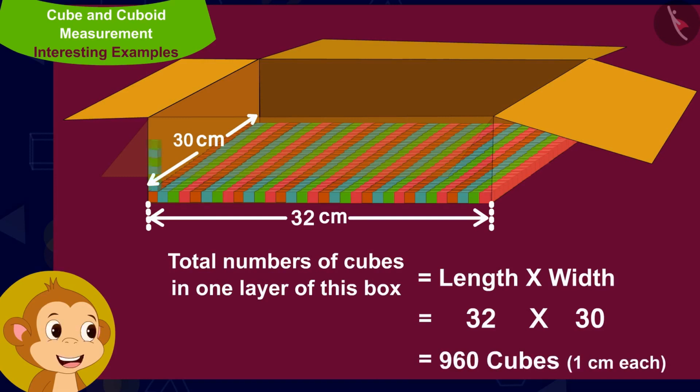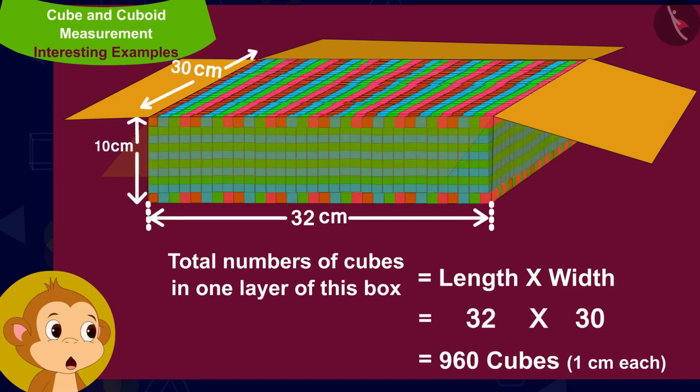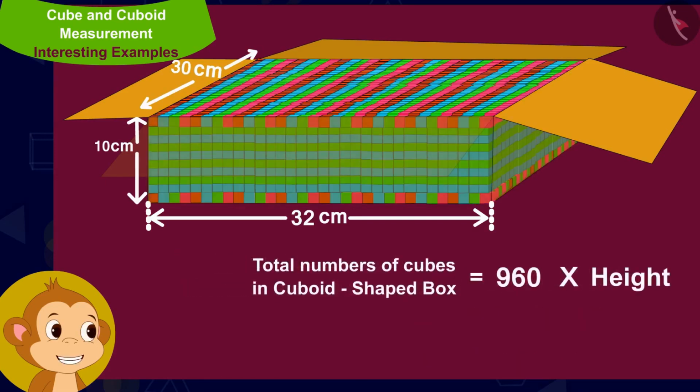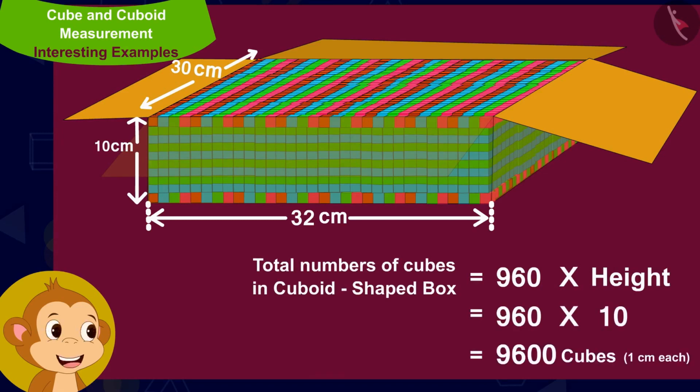The height of this box is 10 centimeters. It means there will be 10 such layers of cubes of dimension 1 centimeter each. The box will have a total of 960 times 10, 9,600 cubes of dimension 1 centimeter each.